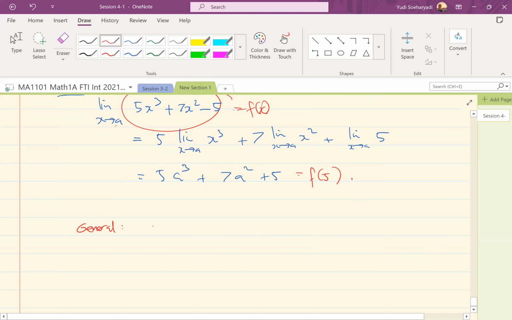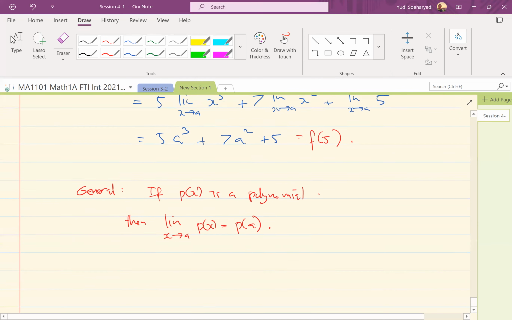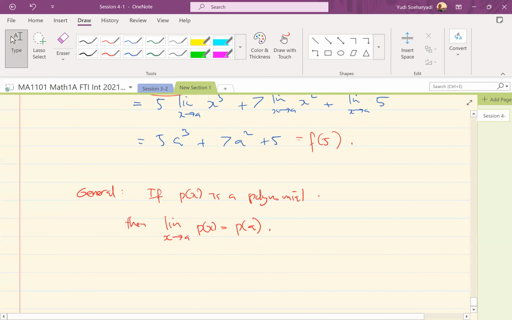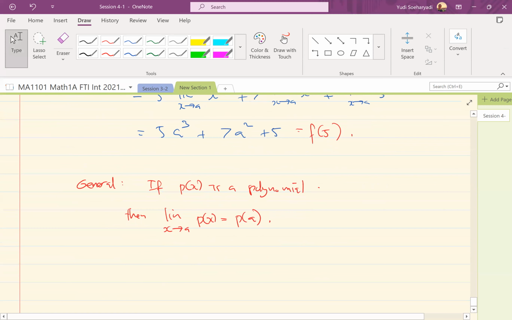So let's say in general, if p is a polynomial, with x to powers, then this limit is the same as substitution. This is something that we derive from the definitions, using these properties.